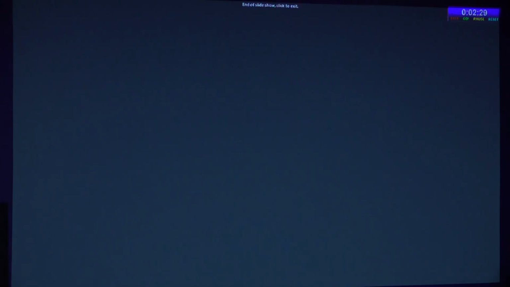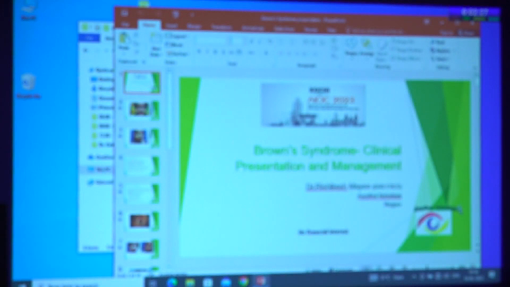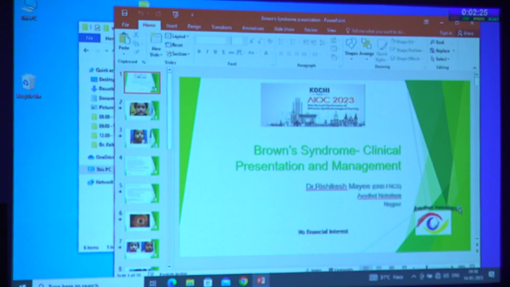I'll just share the video of the tendon expander. So we go superior nasal in these cases, and we use 5-0 Mersilene or 5-0 Ethibond on both sides of the superior oblique.